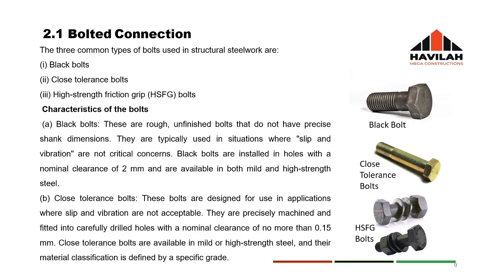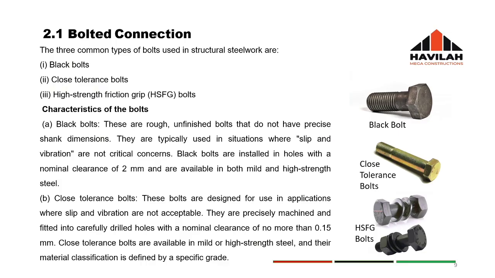There are three common types of bolts used in structural steelwork, and they are black bolts, close tolerance bolts, and also high strength friction grip bolts. Of course, you would have seen HSFG bolts somewhere.